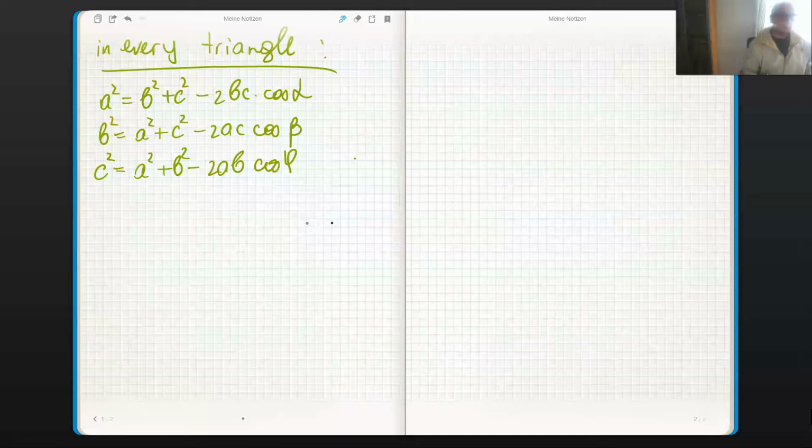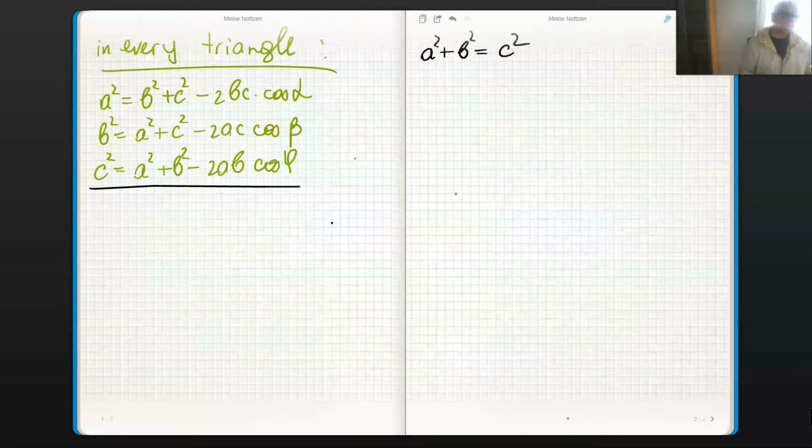Okay, so especially the last one is a kind of Pythagoras theorem, if you remember. This is a squared plus b squared equals c squared. But you see, this part is not available.